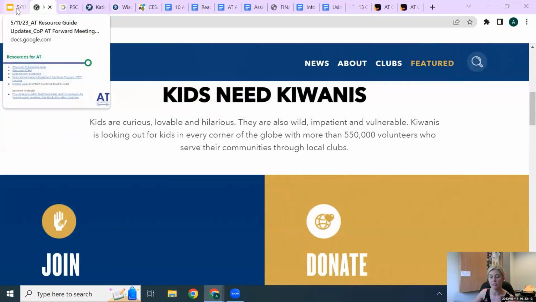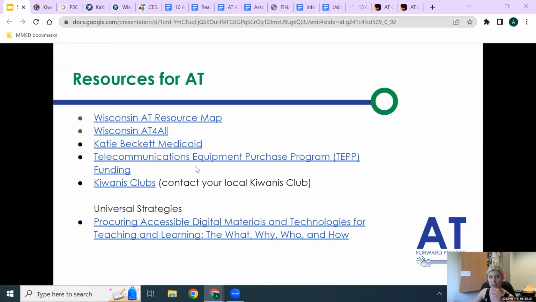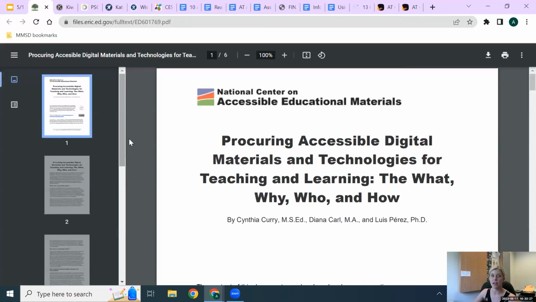So I know we have in the Madison area, we have a lot of students who can access Kiwanis for access to an iPad or a tool as well. And there are some donations and support that way. And then we also, in this area of the guidance document, looking at how do we talk about getting materials and accessibility at the greater level in our school districts.